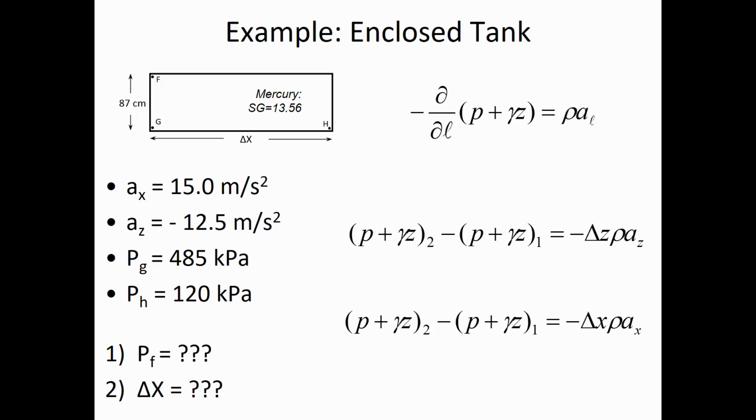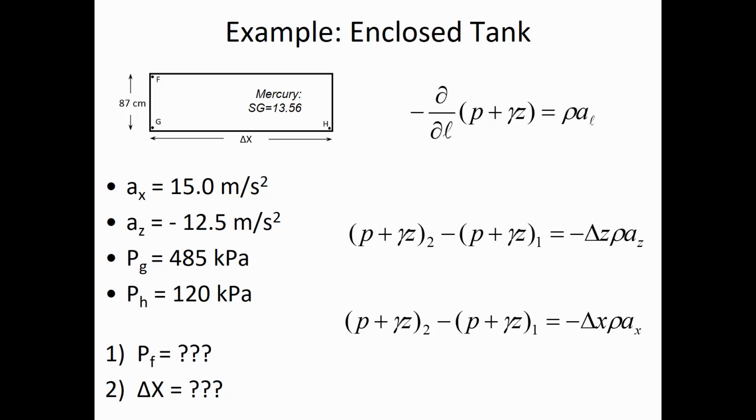Okay, so if it was accelerating downward at g, then there would be no pressure difference between F and G. But when it's accelerating downward faster than g, the pressure at F is actually going to be higher than the pressure at G, because it's accelerating downward faster than gravitational acceleration. Euler's equation is automatically going to take that into account. You don't need to subtract out g. It's already got the gravitational effect built in.